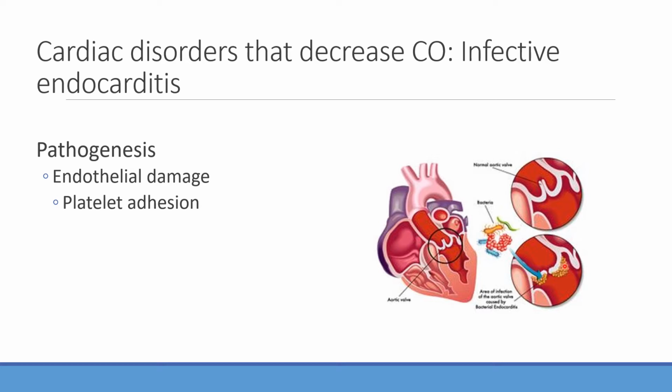This is in the valve, but these plaques that form are referred to as vegetative plaques. And so vegetative plaques are oftentimes found in infective endocarditis. These plaques cause major disruption to blood flow, and they can break off and potentially lead to embolisms, which I'll discuss in a second.